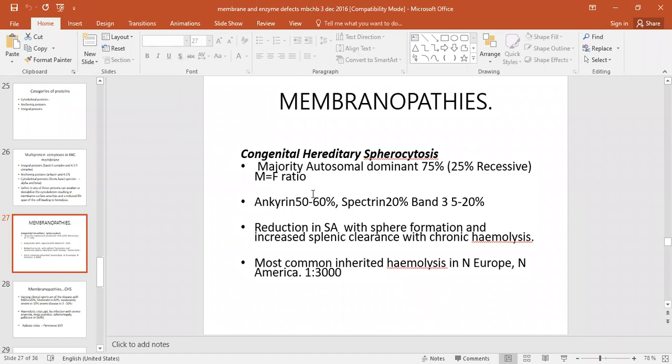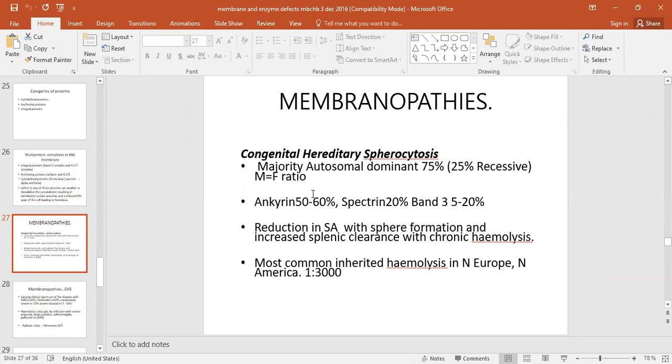You can also get a smaller percentage where you need both doses of the genes for it to manifest. It has an equal male to female ratio, and so males as much as females are affected. We've given different percentages in terms of the proteins that have been associated with congenital hereditary spherocytosis.